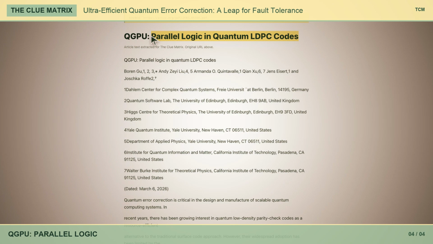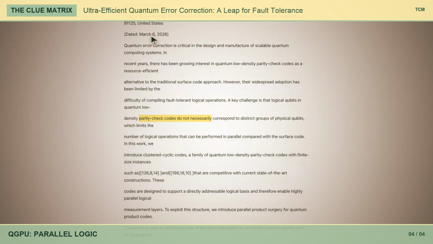Fault-tolerant quantum computing is not just about error correction, but about efficiently compiling complex algorithms using logical operations that execute in parallel. They point out that in many QLDPC codes, logical qubits do not necessarily correspond to distinct groups of physical qubits.